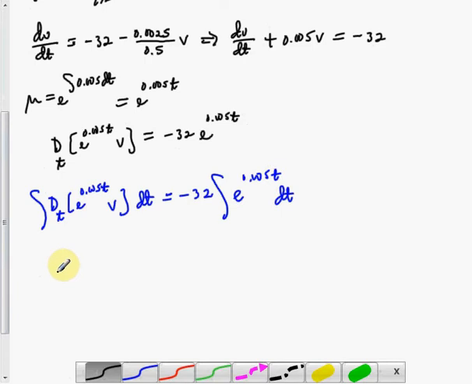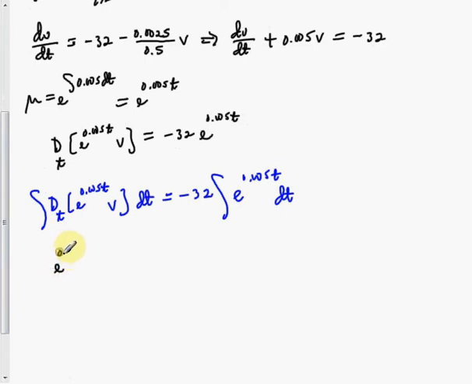So the left side is just that product, e to the 0.005 t times v is equal to, integrating that e to the 0.005 t dt, we use a u du, so let u equal to 0.005 t, and then du is 0.005 dt. So it's just a ratio once you integrate. So all we have here after the integration is negative 32 divided by 0.005 times e to the 0.005 t plus some constant.